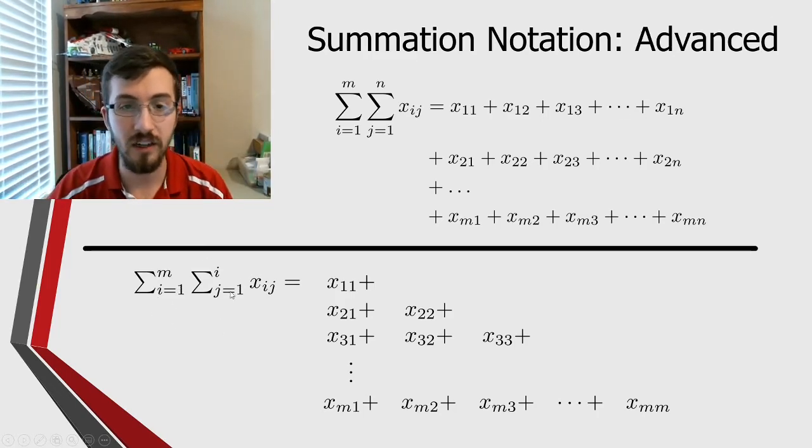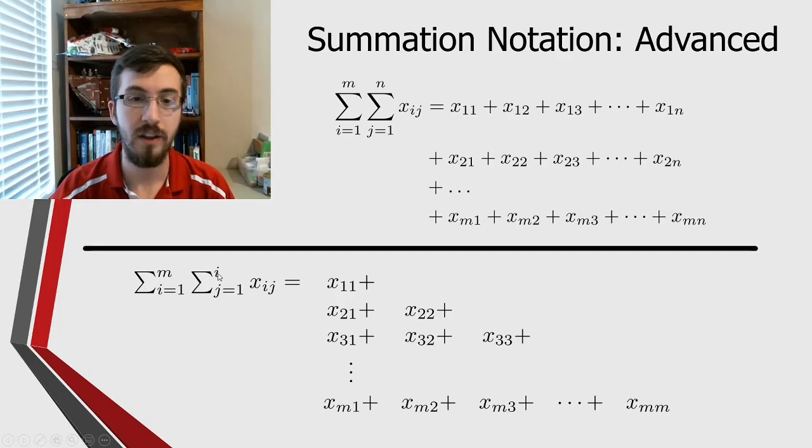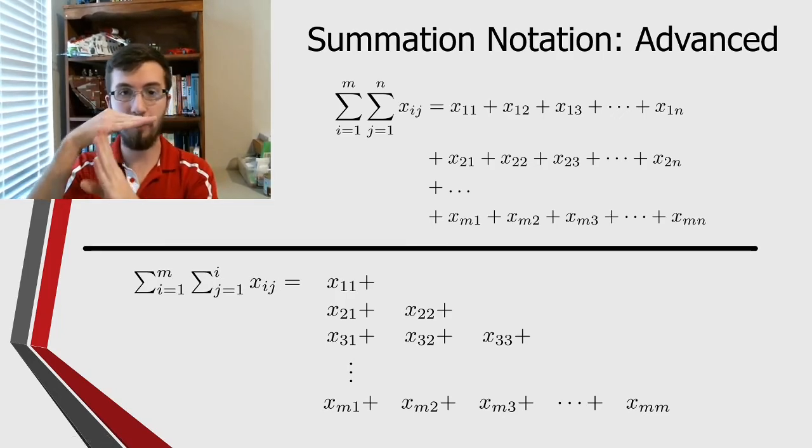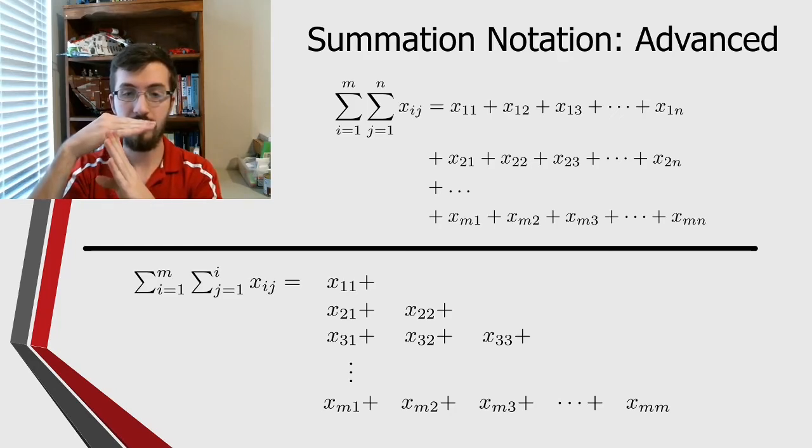But then here, j goes from 1 to i of xij, okay? What does that mean? That means if we're in the first row, we start at column 1, and we go up only to i, which is 1. So we're only getting the first variable in that first row, x11.